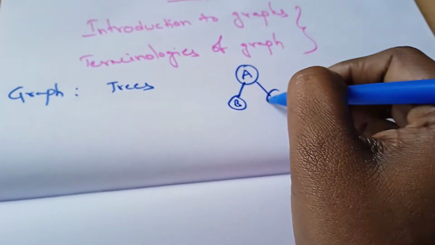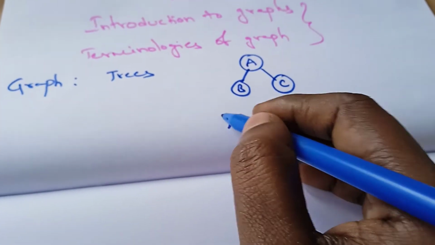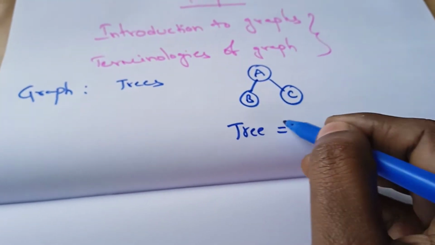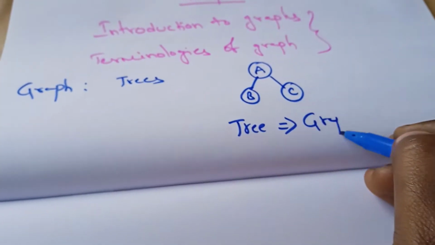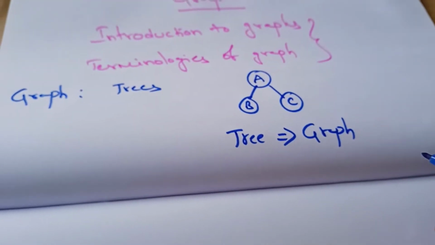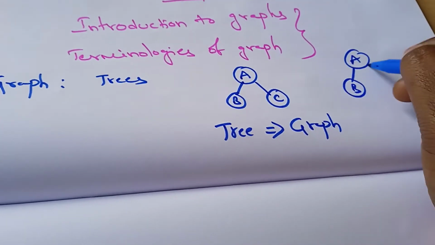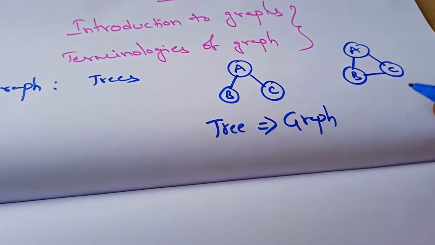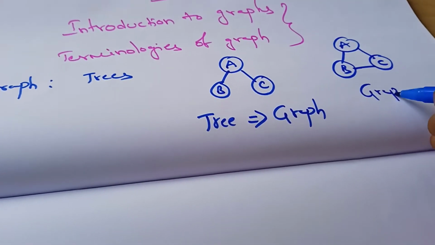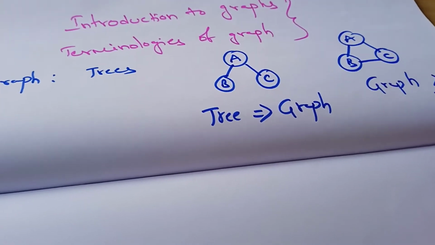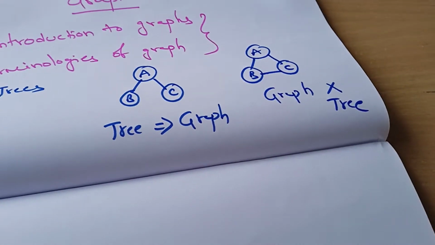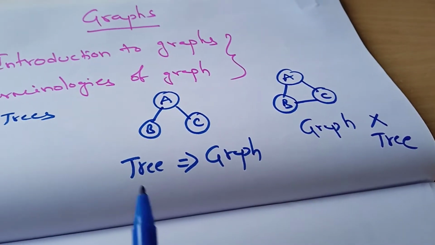We will call this a tree, right? The same thing I can also call a graph. Now look at this. This I can call a graph, but I cannot call it a tree. Now you can understand the difference.